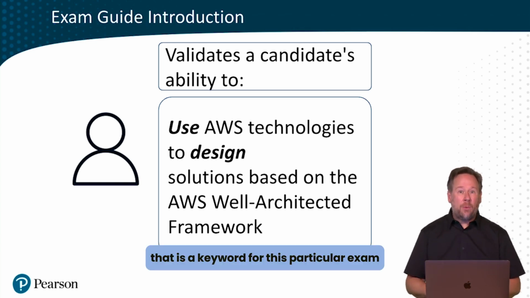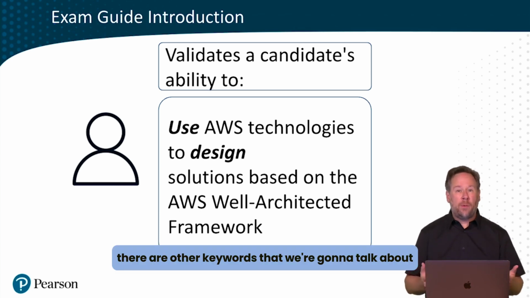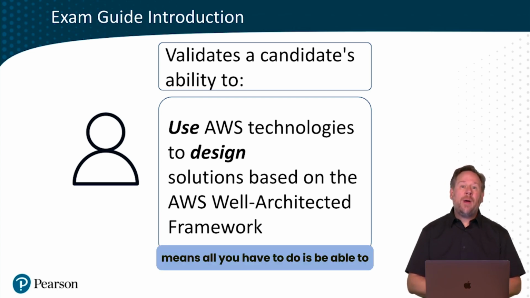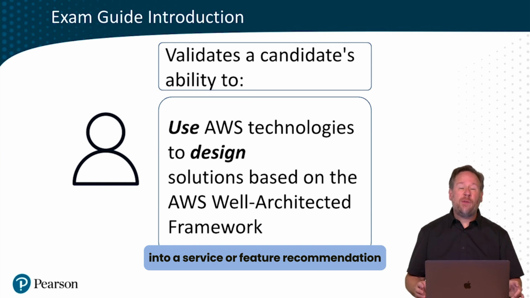That is a keyword for this particular exam. There are other keywords that we're going to talk about a little bit later in this module. But this word design means all you have to do is be able to translate from a technical requirement into a service or feature recommendation.